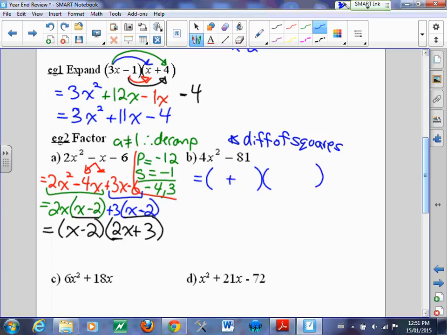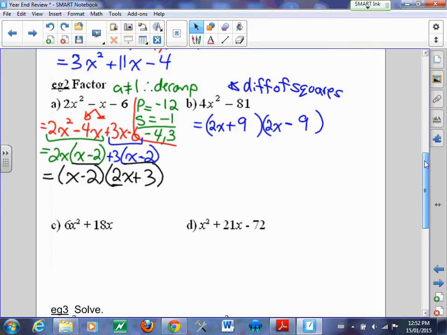You put a positive sign in one and a negative sign in the other. The reason why you do that is because there's no middle term. It's been eliminated. Take the square root of the first, so the square root of 4x squared is 2x. And the square root of the last, the square root of 81, is 9. And then, ladies and gentlemen, you have your two binomials there. That is factored.